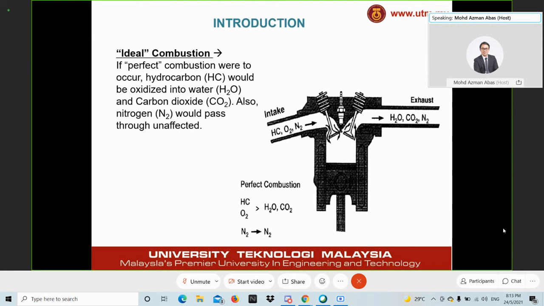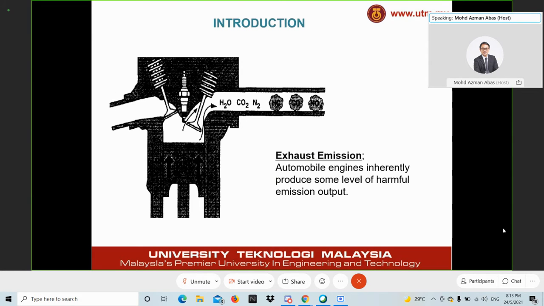Nitrogen would just pass through. It's just a free ride for nitrogen. So in perfect conditions, we only have three emissions: water, carbon dioxide and nitrogen, only in ideal or perfect combustion.